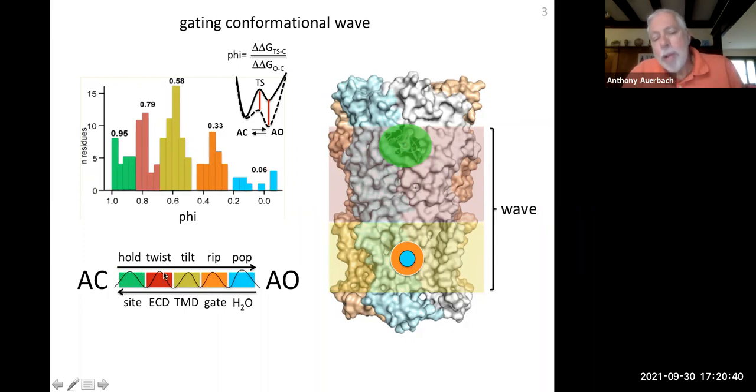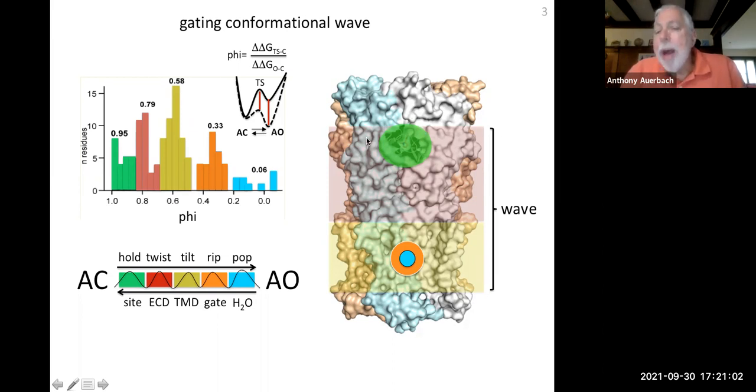So hold goes to twist, goes to tilt, rip, pop. That's that linear free energy linkage at the end. And I think that what different efficiencies reflect is different conformations of this substructure here, not the entire protein. The binding site can go to different target sites inside that conformational change.